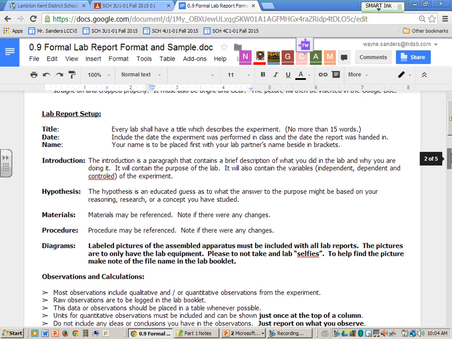All right, excellent. Hypothesis. A hypothesis is an educated guess. It's what you think is going to happen to that dependent variable based on previous scientific knowledge. So again, that's going to be a little paragraph. Make reference to the purpose. The purpose will always guide you to what to think about in the hypothesis.